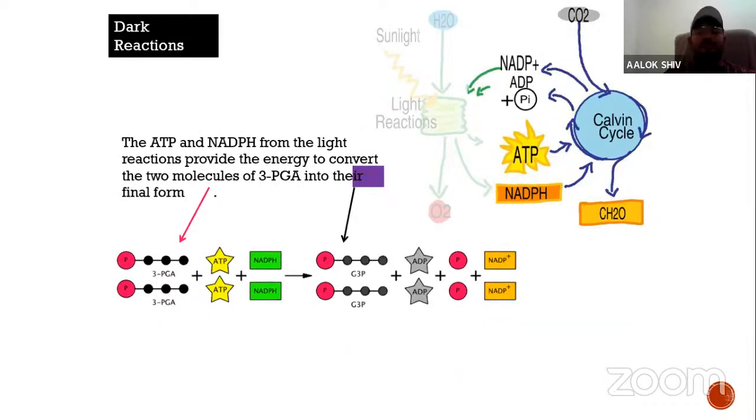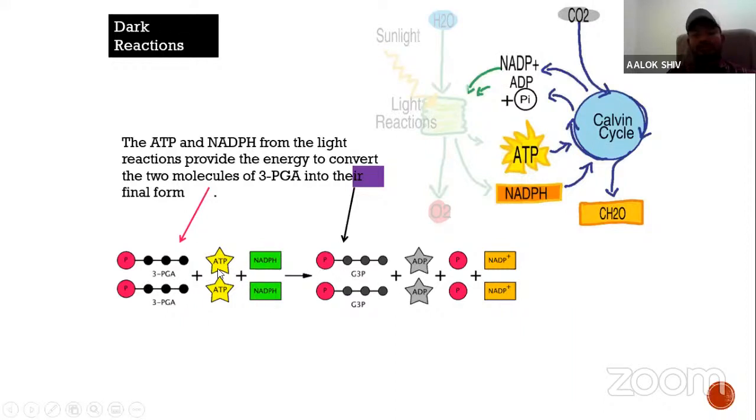After we get this stable product, with the help of ATP and NADPH, which we have got from the light reaction, they convert the 3-PGA, phosphoglyceric acid, into G3P.